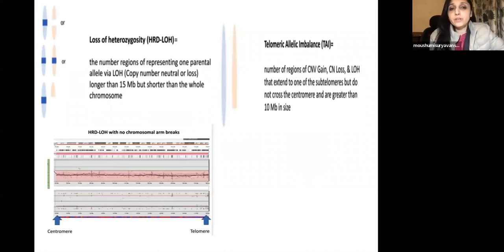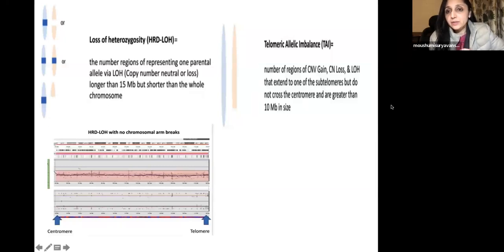By loss of heterozygosity, it is meant, and we have a bioinformatician here who would understand this better, the number of regions representing one parental allele via loss of heterozygosity, it could be either copy number neutral or loss, and it is longer than 15 MB but shorter than a whole chromosome.